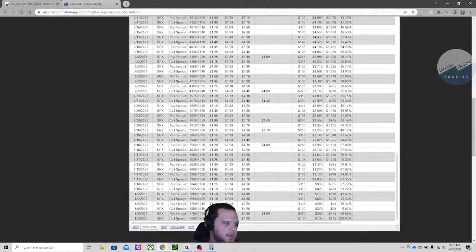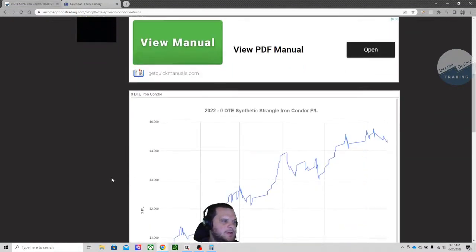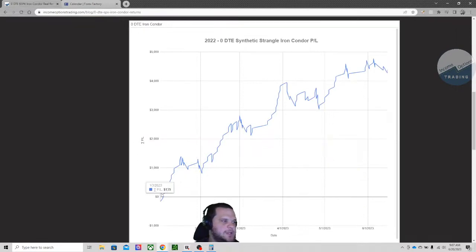So I have a graph here as well, so you can see kind of where I'm at. It kind of goes up and then sideways, and then it's up and then sideways, and then it's up and then it's sideways, and then it's up. And right now I'm in a sideways trend. That's fine, but it's looking at it in the long run.